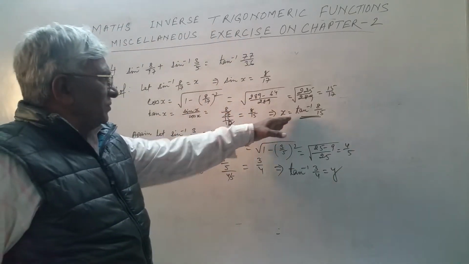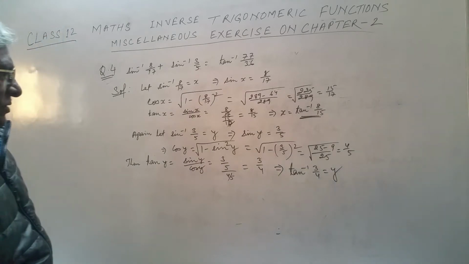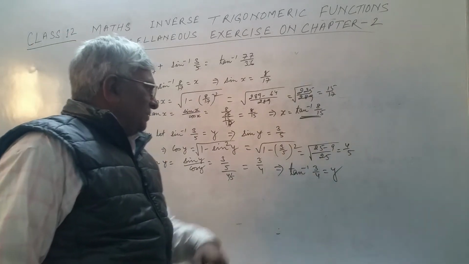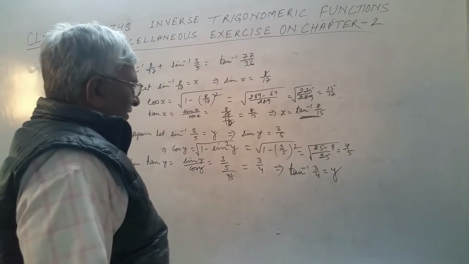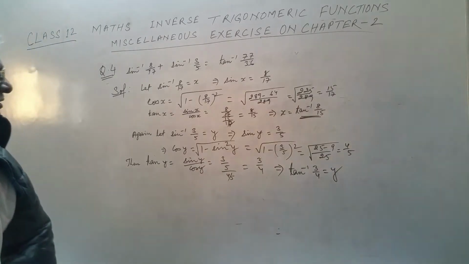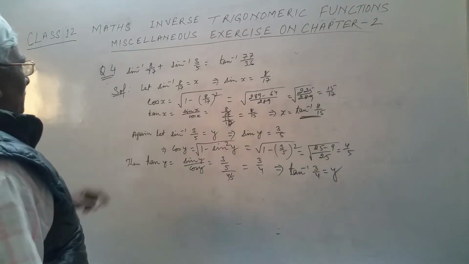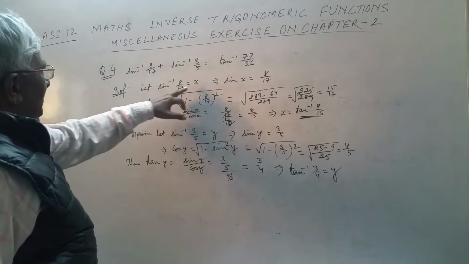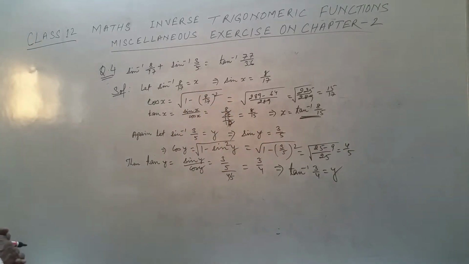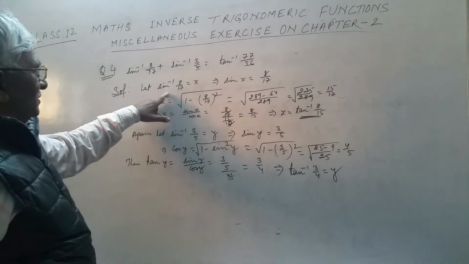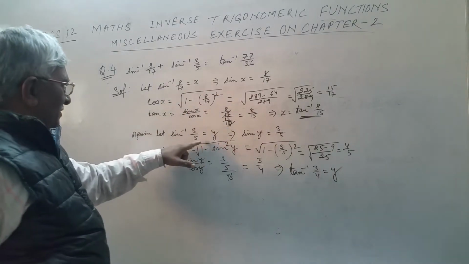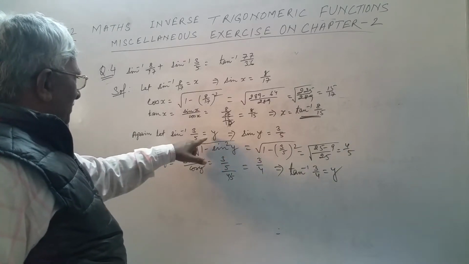As here you have got, here also you have got. And y is equal to tan inverse 3 upon 4. Now let us do x plus y. What will happen? X you have got this, and y you have got this.